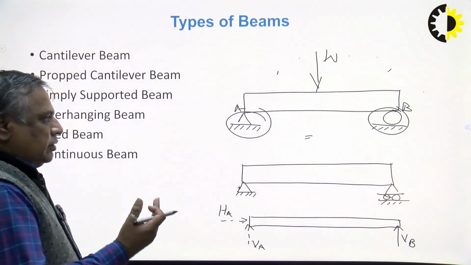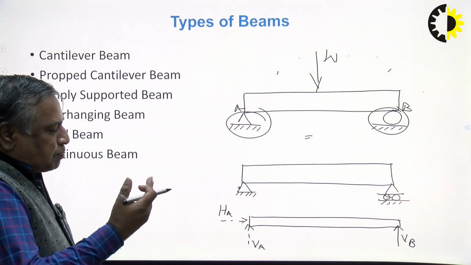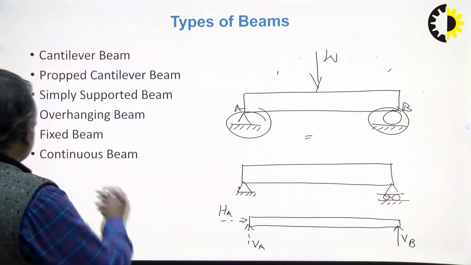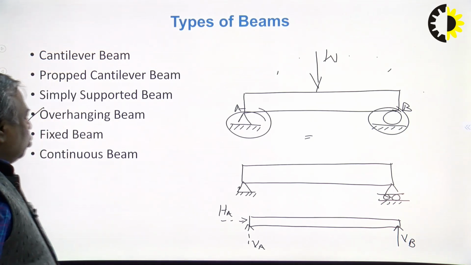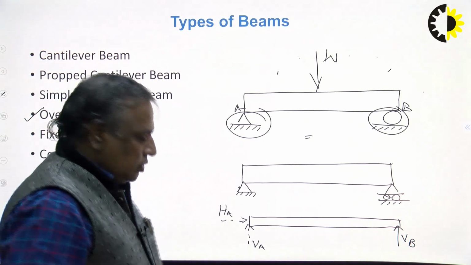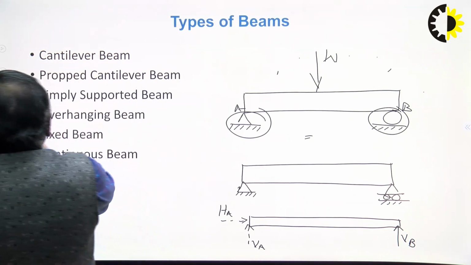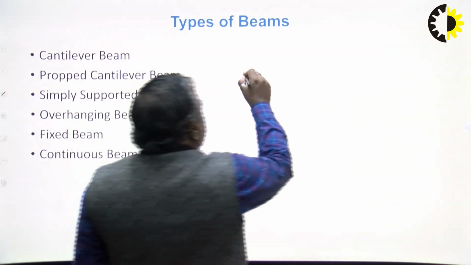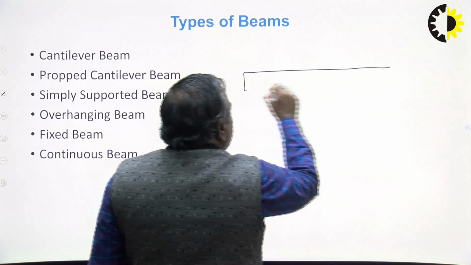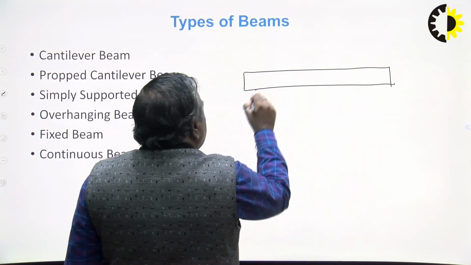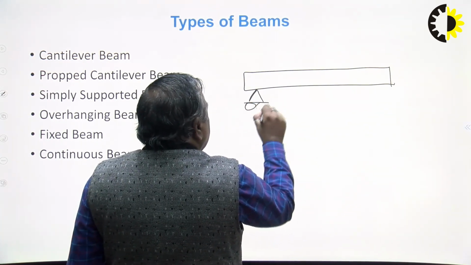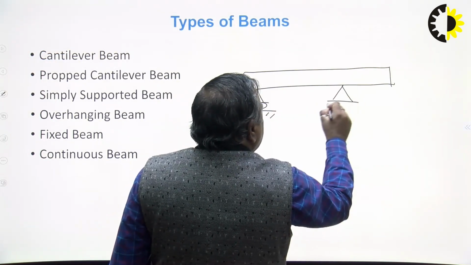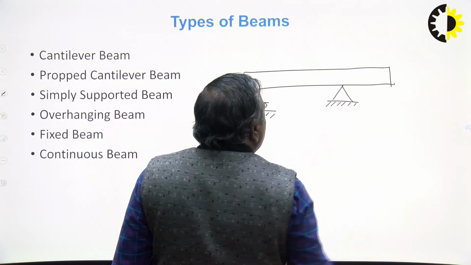And if the span length extends beyond the support, then the beam is called an overhanging beam. So if this is a support, this is a roller support, this is a knife edge support or hinge support.